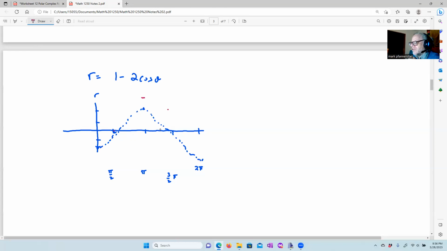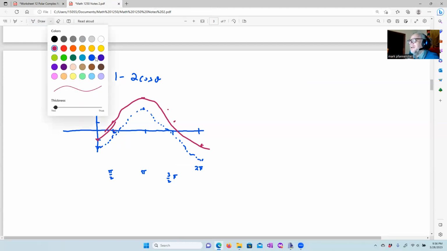So instead of 0, we're up here at 1, and instead of -2, we're up here at -1. So my actual graph is going to look something like this. We'll pretend that looks good. It doesn't, but please forgive me for the crummy drawing.